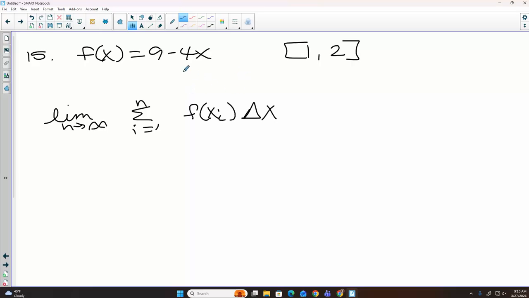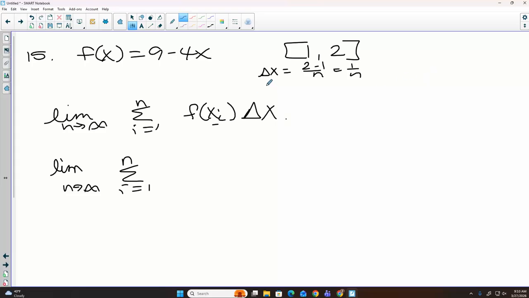So we need to figure out a few things. We need to know what x sub I and change in x are. So change in x will be 2 minus 1 over n, so 1 over n.